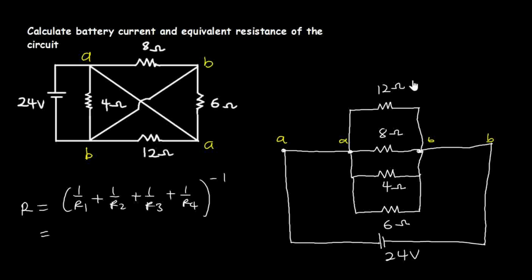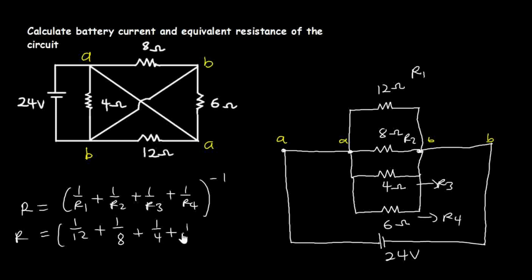I'm going to consider this to be R1, this to be R2, this to be R3, and this to be R4. Let's substitute in the values. That will be 1 over 12 plus 1 over 8 plus 1 over 4 plus 1 over 6, all to the power of -1.